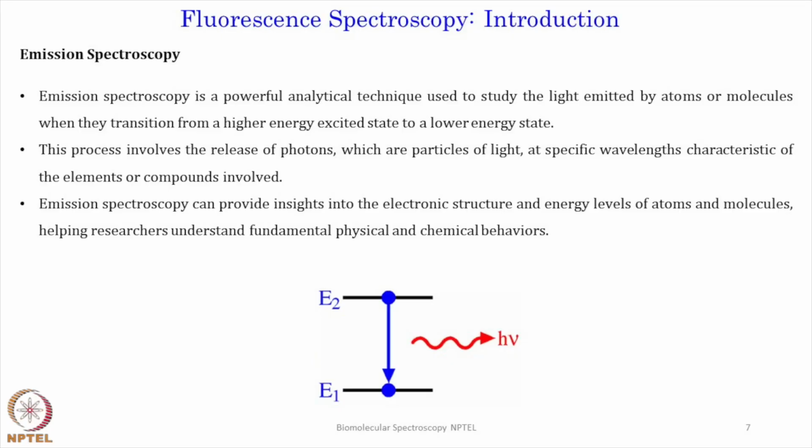So the emission can provide insight. As I was saying, it is coming from the first excited state to the ground state, and this tells a lot about the molecule. First, its electronic states. Second, its environment. Third, in which solvent it is, right.